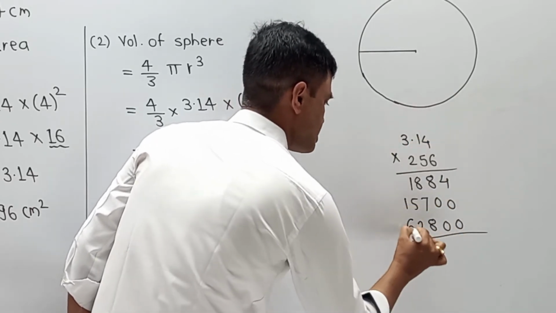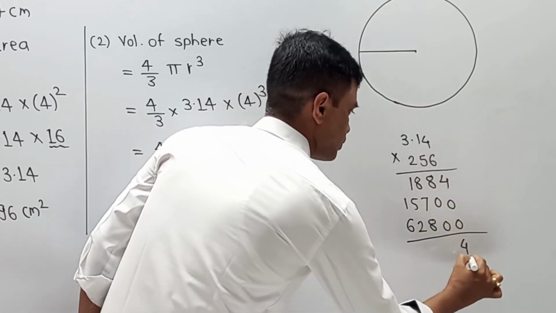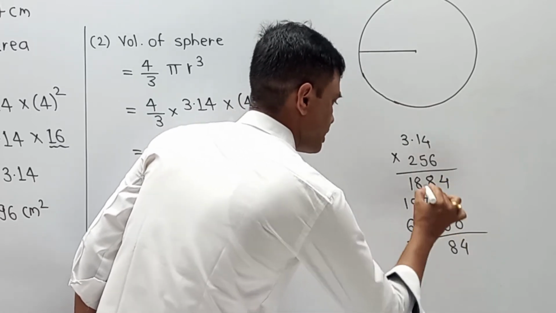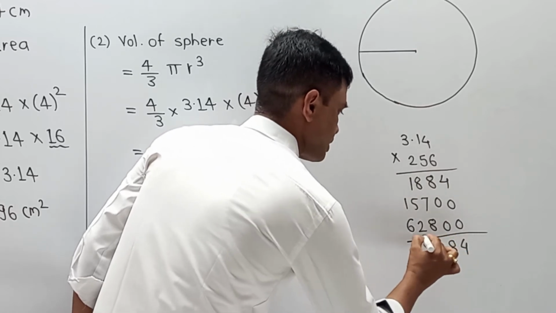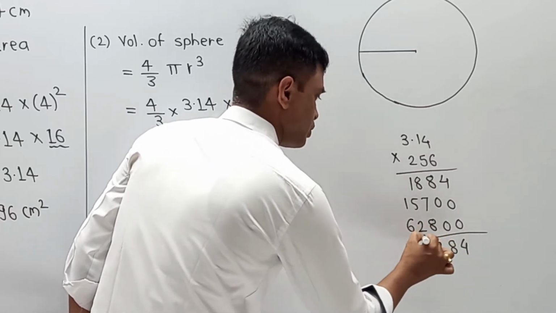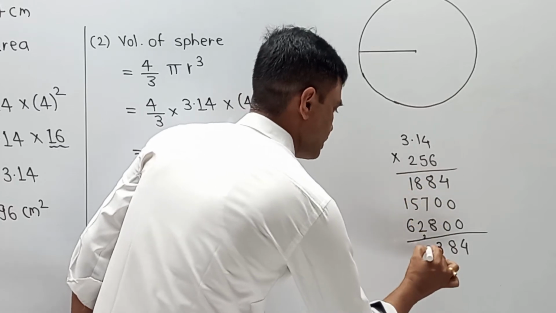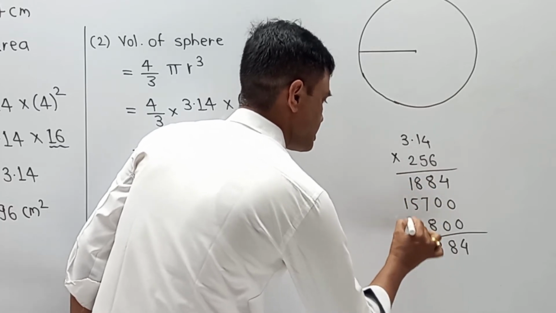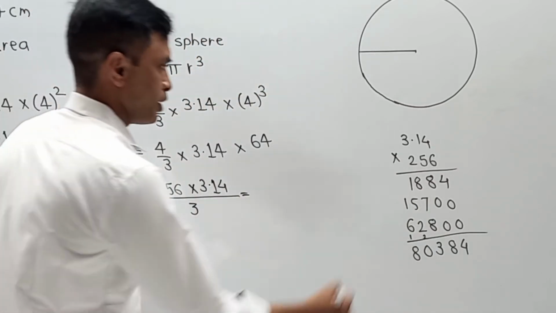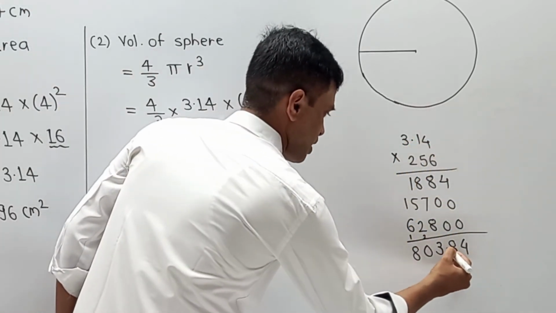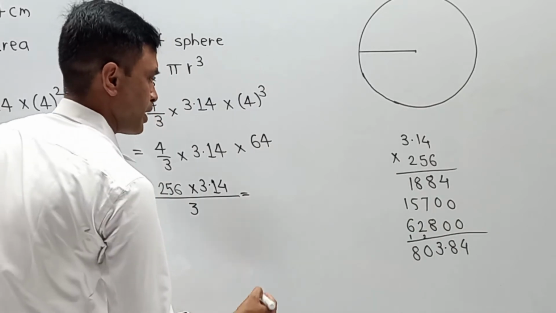And 2 into 3, 6. So the addition: 4, 8. 8 plus 2, 3. Carry 2. 2 plus 2, 4. Plus 1, 5. Plus 5, 10. Carry 1. 6 plus 1, 7. Plus 1, 8. It becomes, due to 2 decimal places, 803.84.